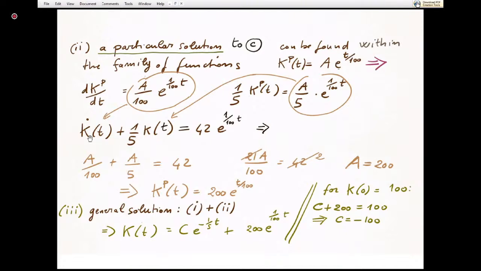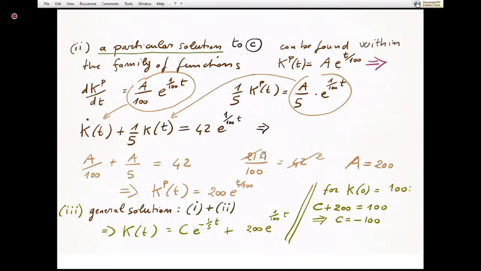Our equation must be satisfied, and this means that k dot plus 1 over 5k must be equal to 42 exponential of this. But this is A over 100 times this exponential term. This is A over 5 times this exponential term. And this is 42 times the same exponential term. So we have this equation in A.